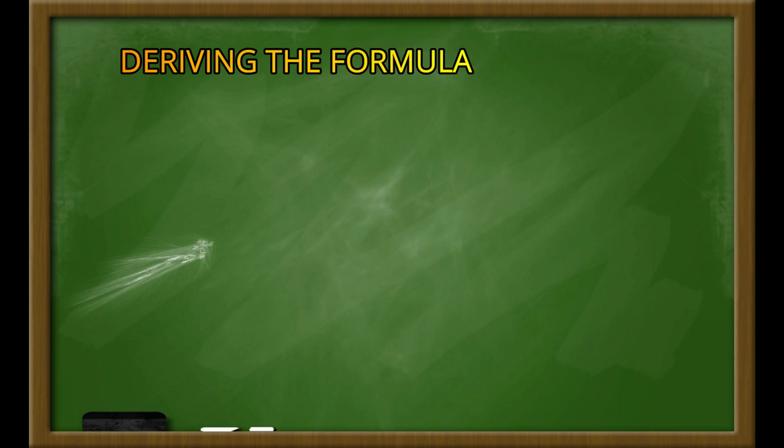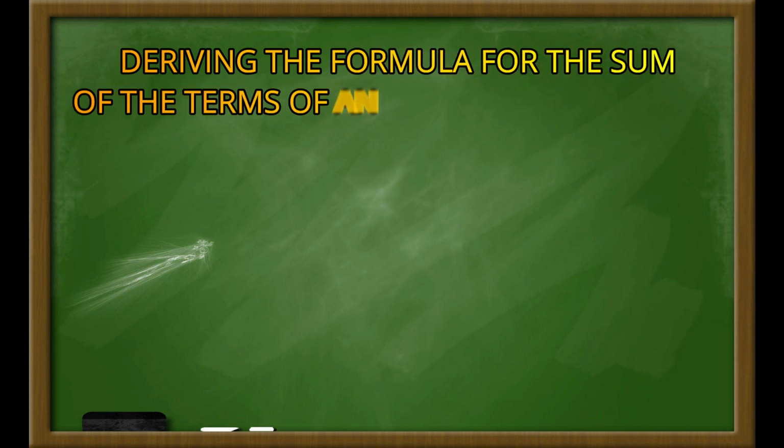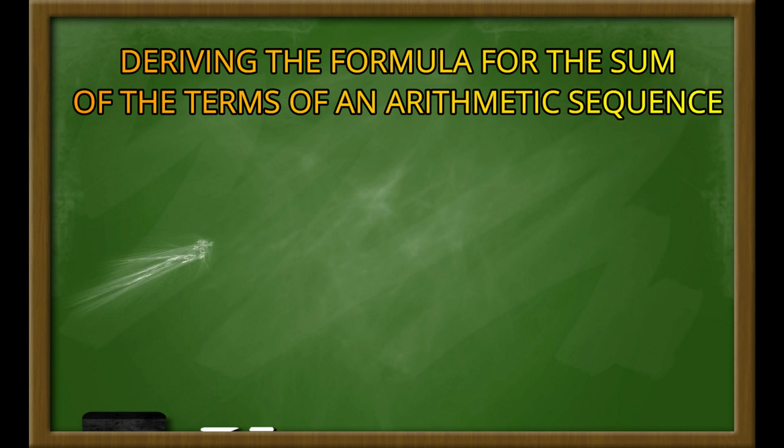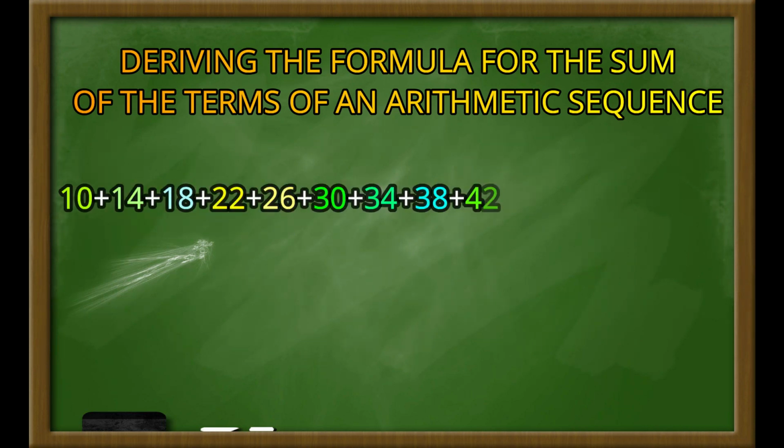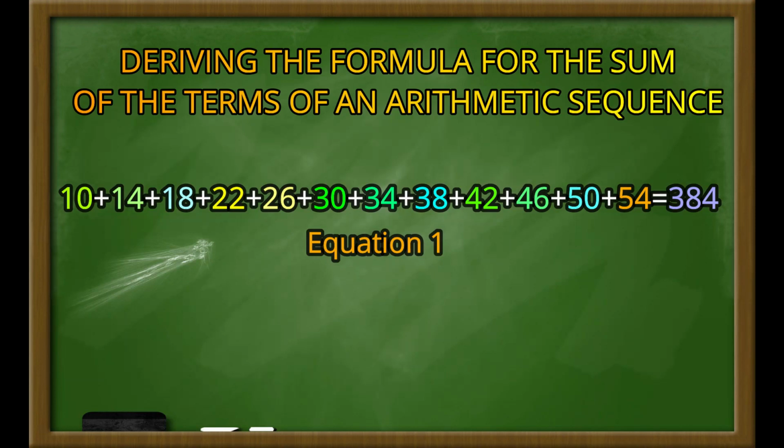We are now to derive the formula for the sum of the terms of an arithmetic sequence. To do this, let us list and add all of the number of beds per row, giving us a total of 384, and this will be our equation 1.